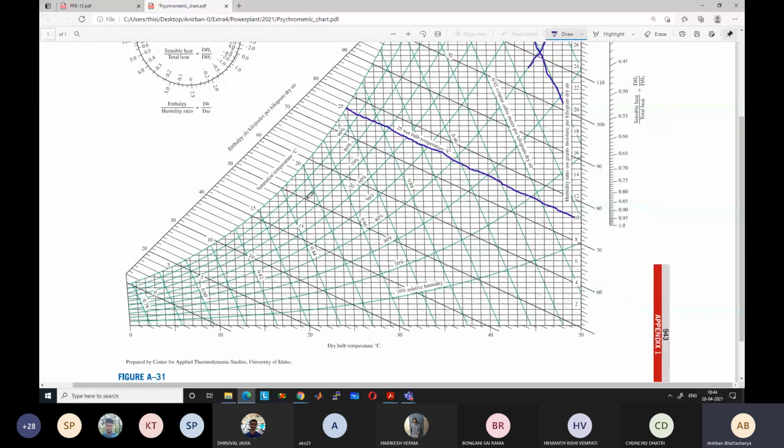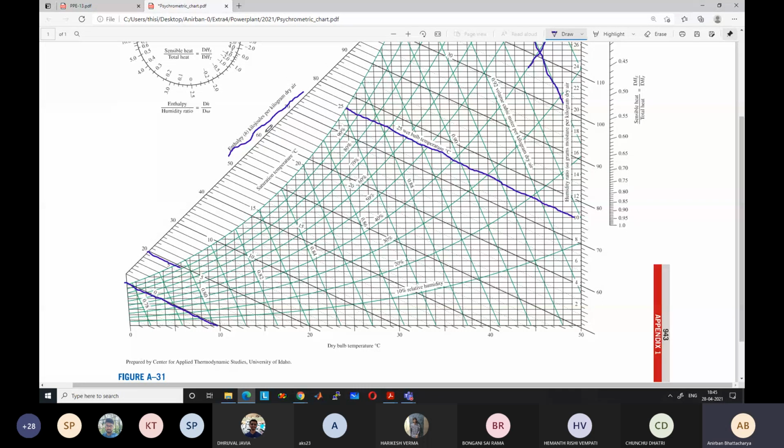And the final thing that we have is the enthalpy, enthalpy per kilogram of dry air. These black lines are the enthalpy, and you can see the unit. For example, this is 20 kilojoule per kg of dry air.